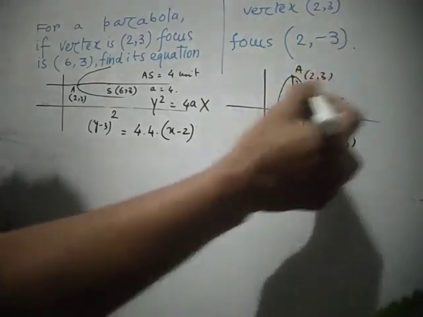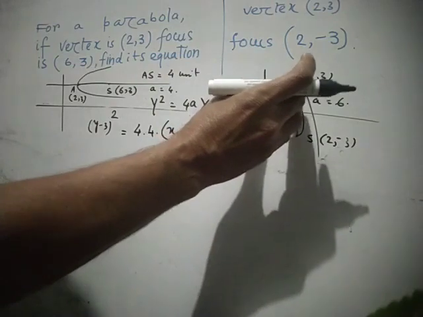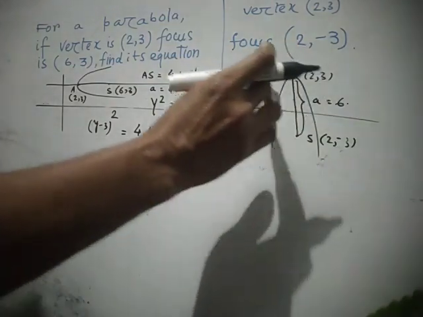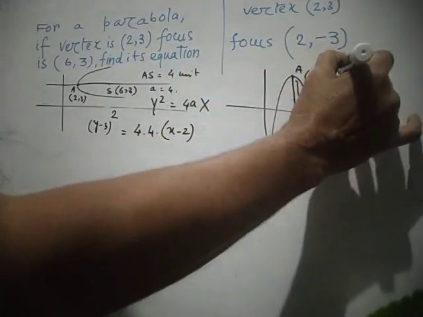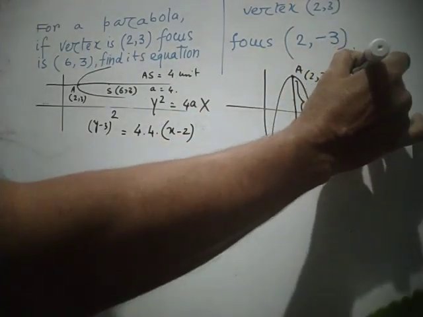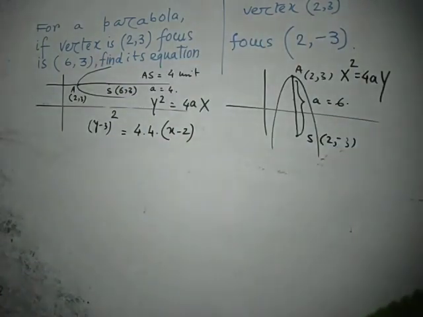And we know when the parabola is of this type, downwards open with axis parallel to the y-axis, the equation will be of this type: x square equals 4ay.